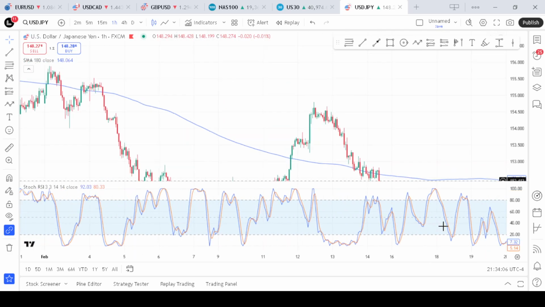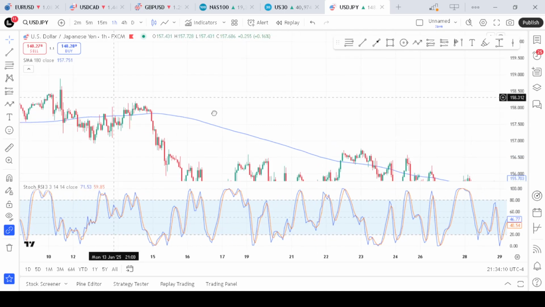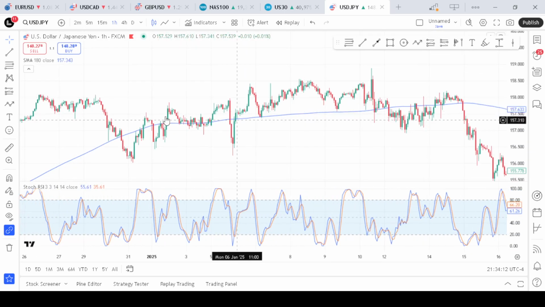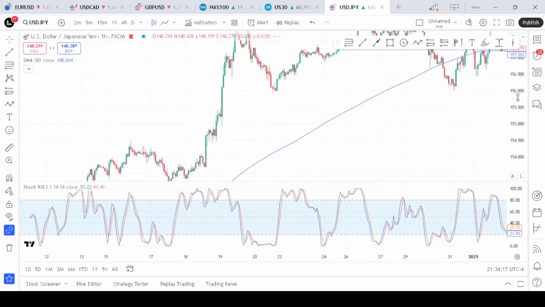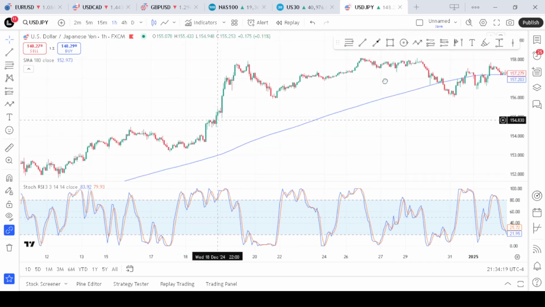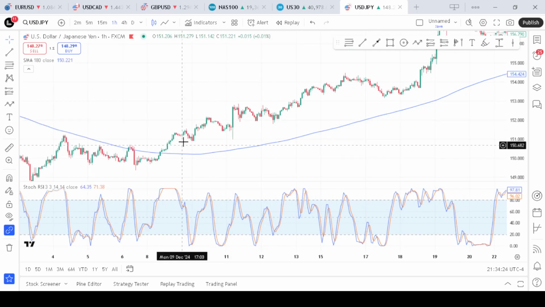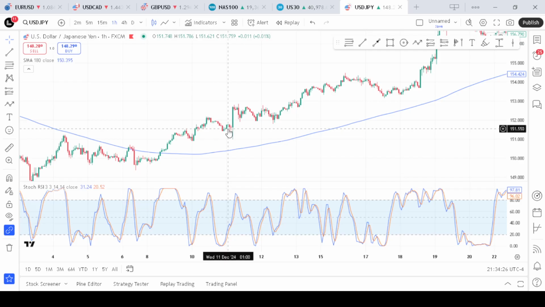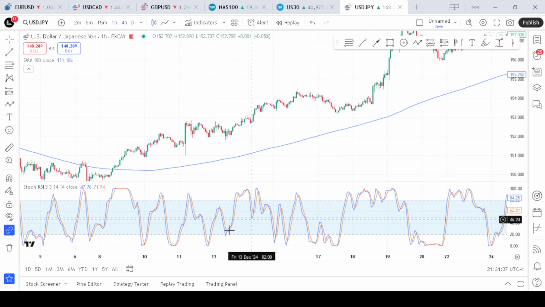Now let's see a buying opportunity. Let's capitalize on a buying opportunity so that we can better explain this indicator. Very good. This is when price is trading above the moving average. For a buy setup, we have to wait for the stochastic RSI to drop to the oversold region.